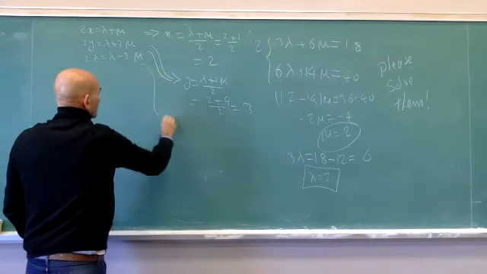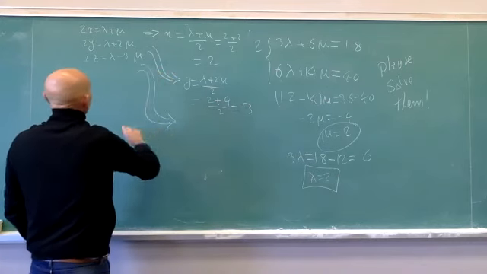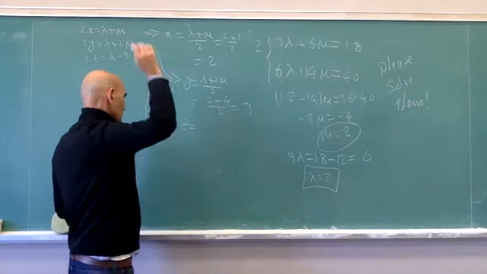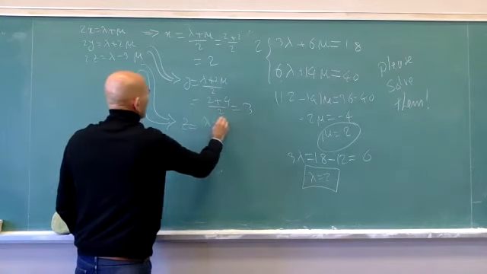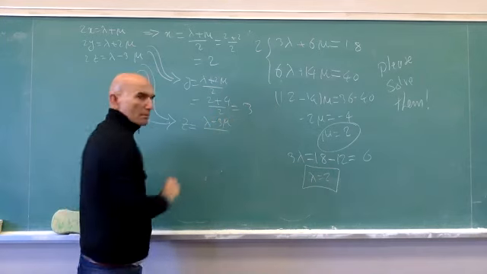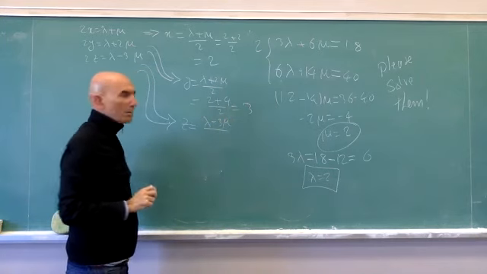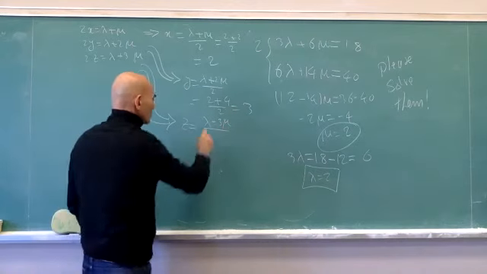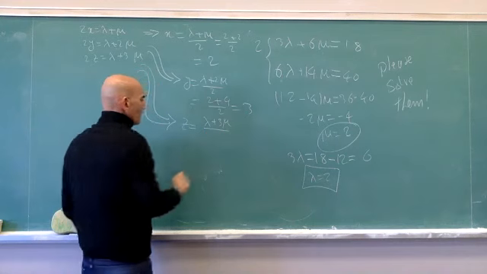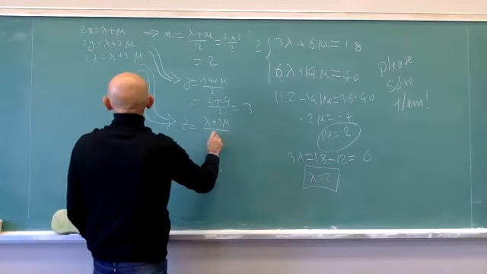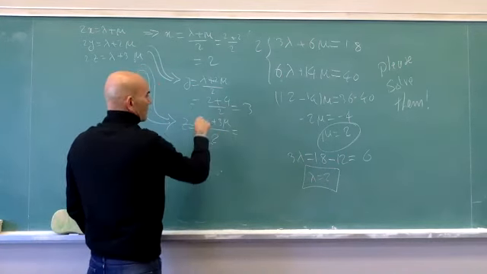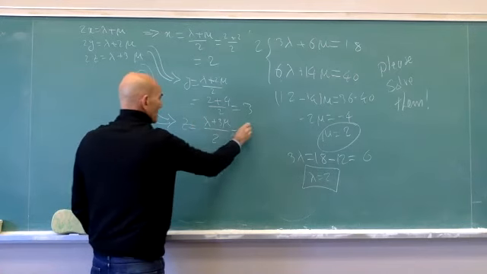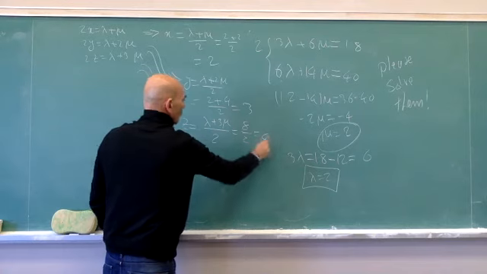And finally, this one gives me z is equal to lambda plus 3 mu. It was a comment: isn't it plus 3? Oh, yeah. I trust you. I don't want to think about it anymore because it tortures me now. Over 2, so that's equal to lambda, which is 2 plus 6, 8 over 2, which is 4.